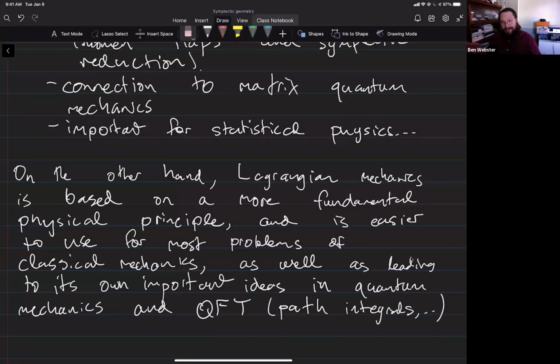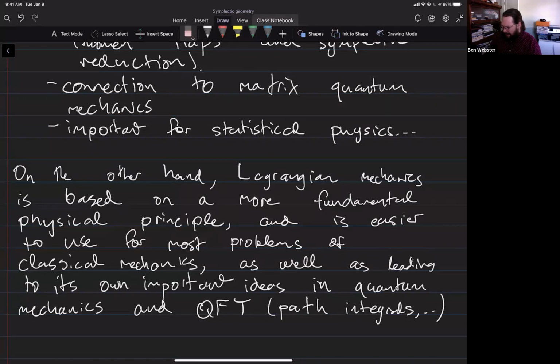But Lagrangian mechanics is important too. So don't come away from this course thinking Hamiltonian mechanics is the only thing I should do, because Lagrangian mechanics is based on this more basic fundamental principle of least action. It is often easier to use for problems of things moving around with some constraint.